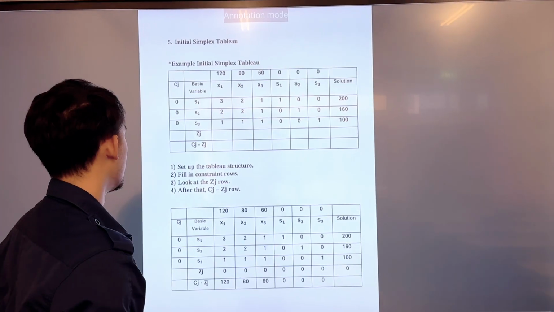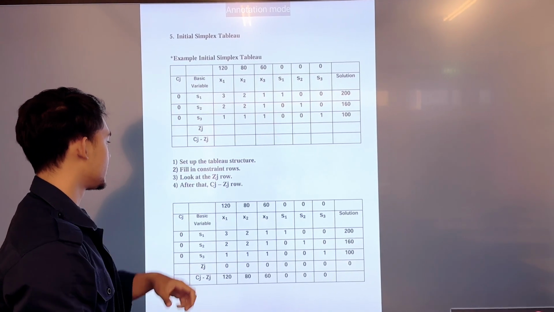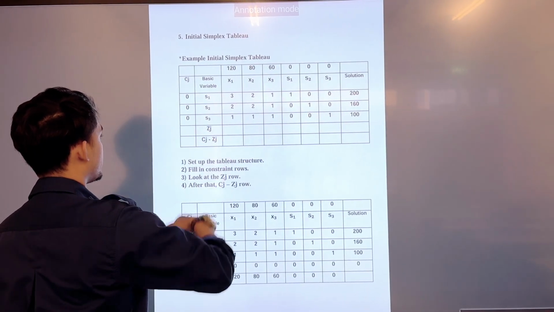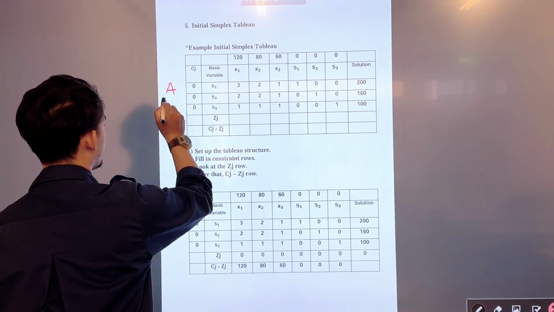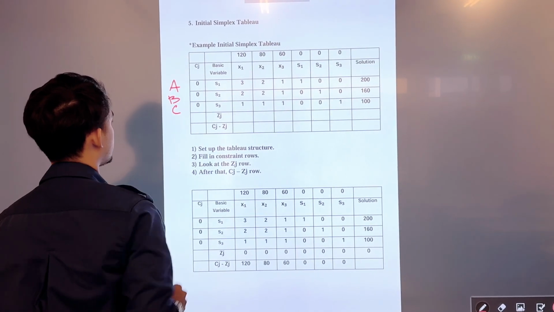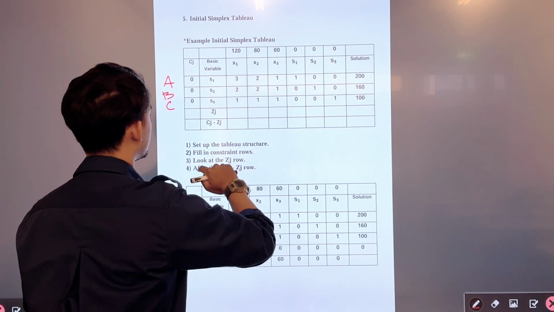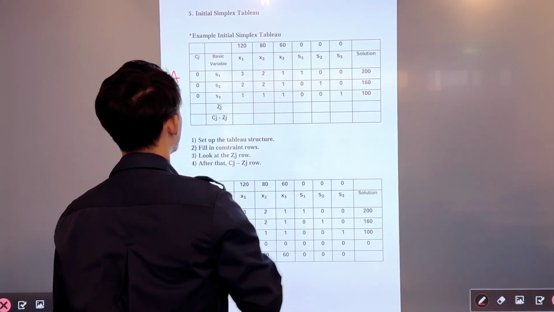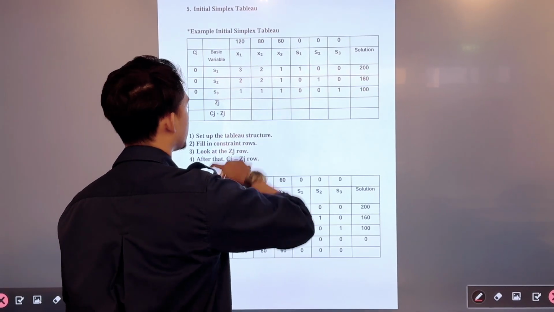Number 2 is we need to fill in the constraint rows, which are constraint A, B, and C. A is 3 2 1 1 0 0, and B is 2 2 1 0 1 0, and C is 1 1 1 0 0 1.